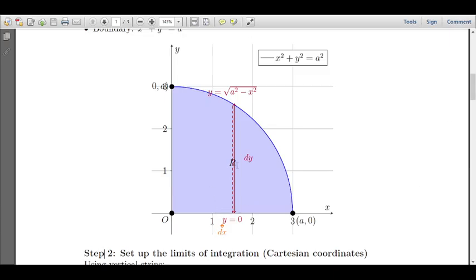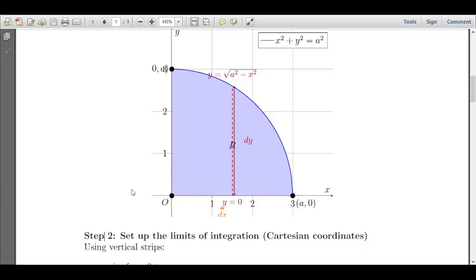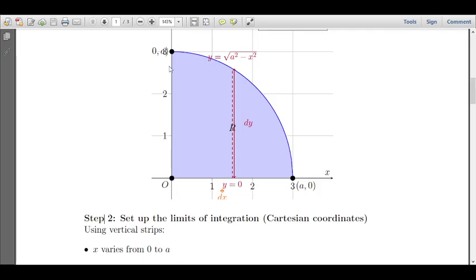The strip enters at y equal to 0 and leaves at y equal to square root of a square minus x square, because y limits must be functions of x, and x limits are constants if we take the order of integration dy dx.